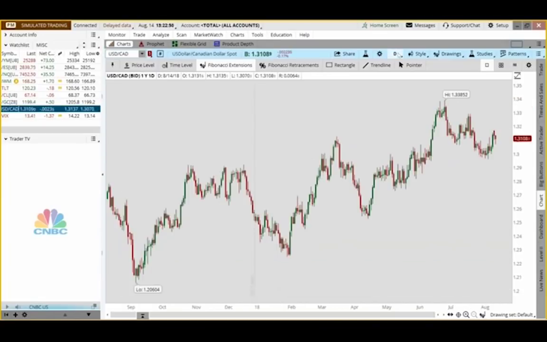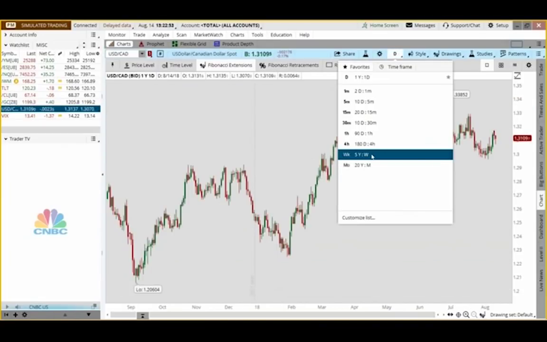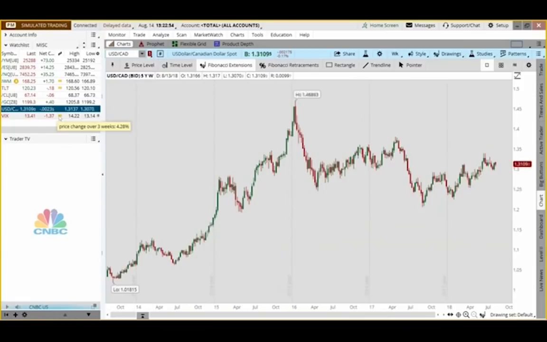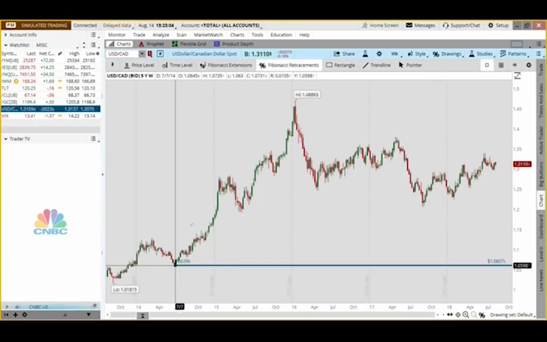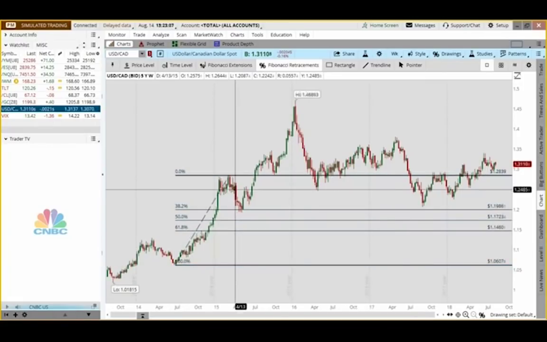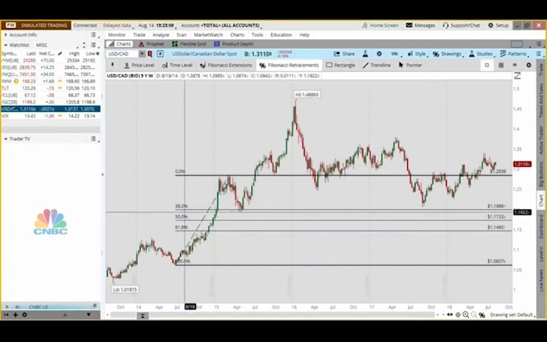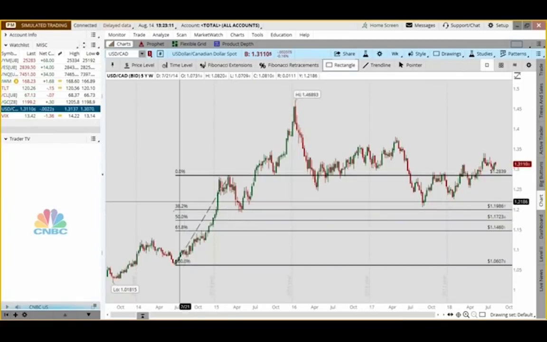You can use anything you want to use, a Forex pair. There was a great example on the weekly USD CAD chart back in here. If we take our fib extension tool or a fib retracement tool here, you can see price move right into that level. Okay, let's just color it in for the visual effect.